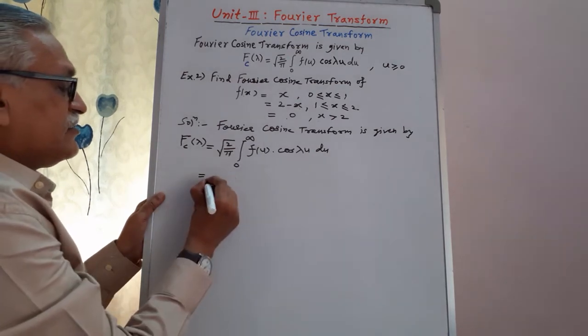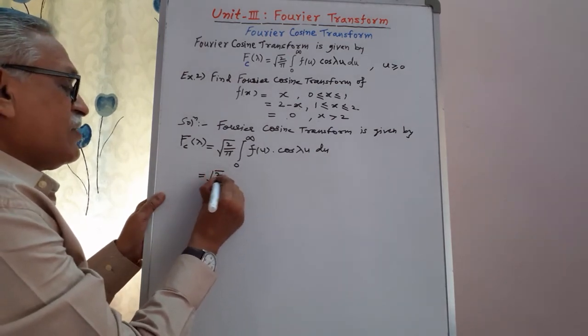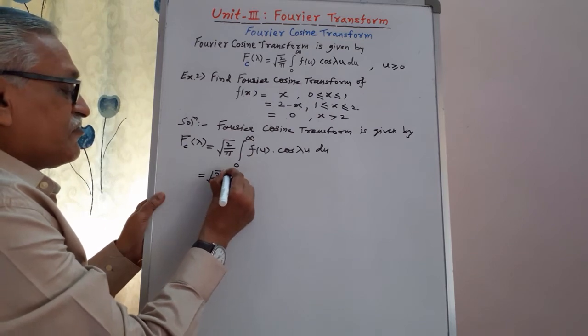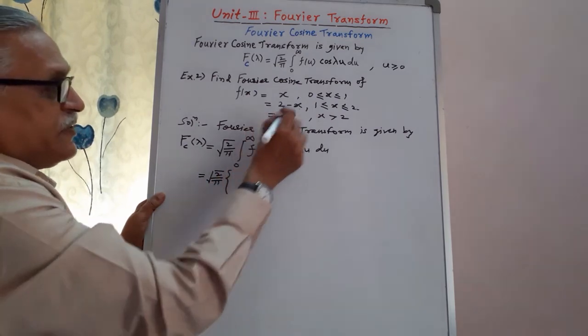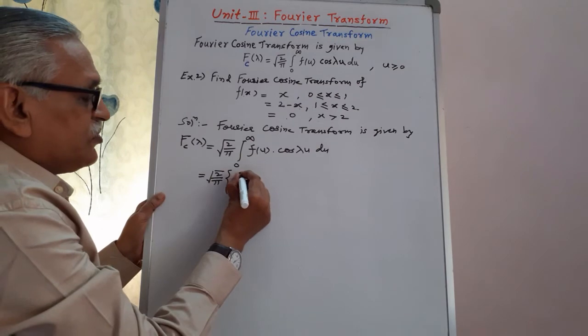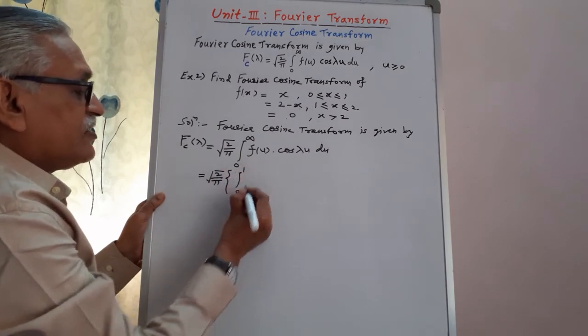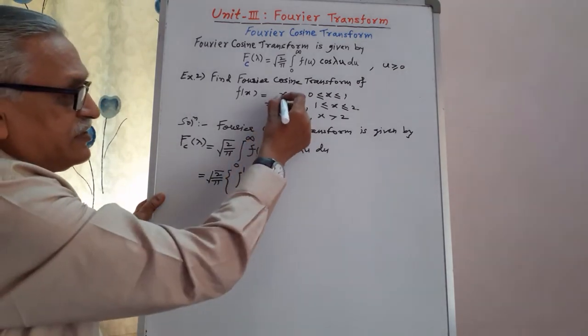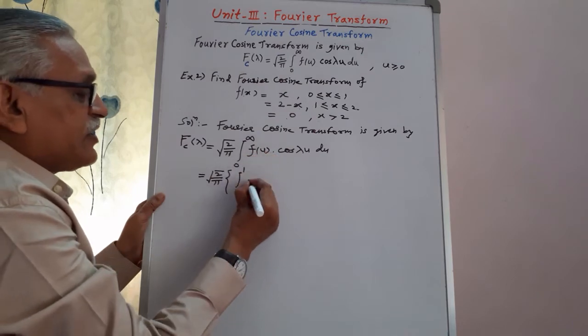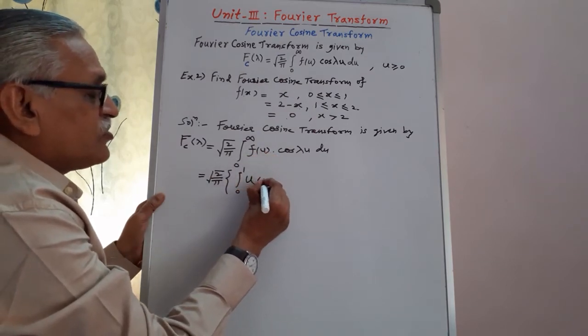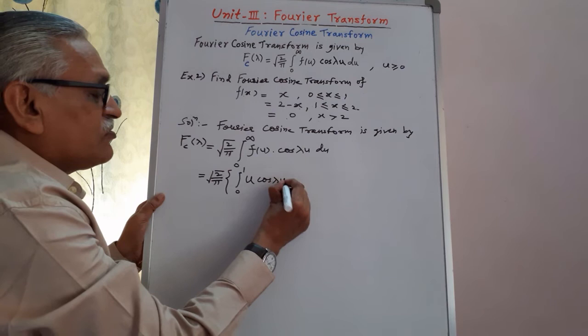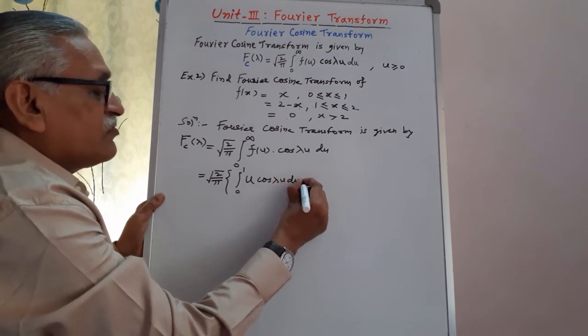Splitting that integral, root 2 by pi as it is, 0 to infinity we split as first 0 to 1. In between 0 to 1 the function is x. Replacing x by u, we get u cos(lambda u) du.